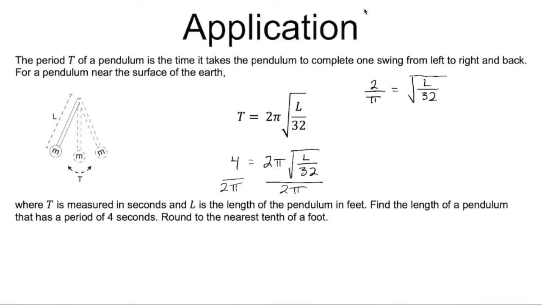Now we're going to use our inverse operation of square root and square both sides. That's going to give us 4 over pi squared, and that's going to cancel out the square root, leaving us with L over 32.